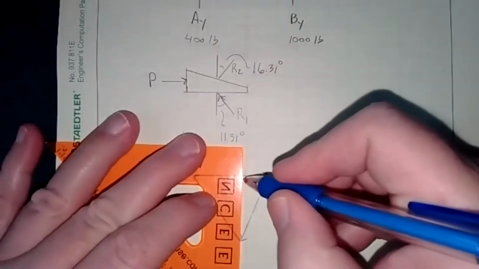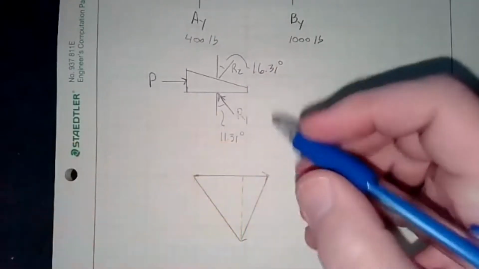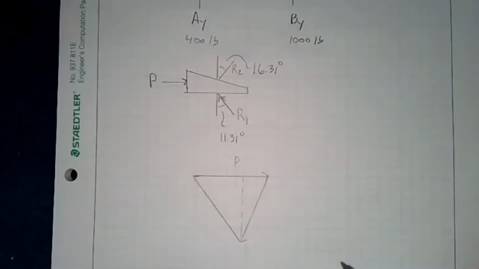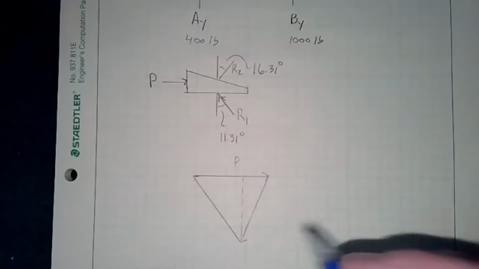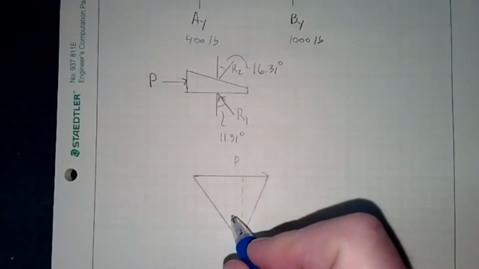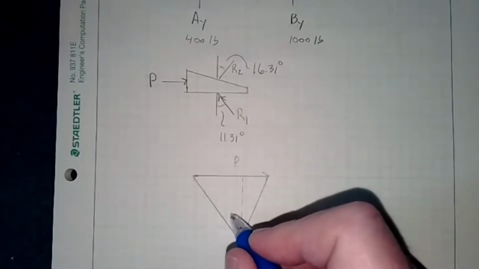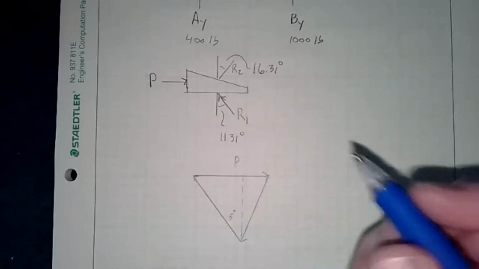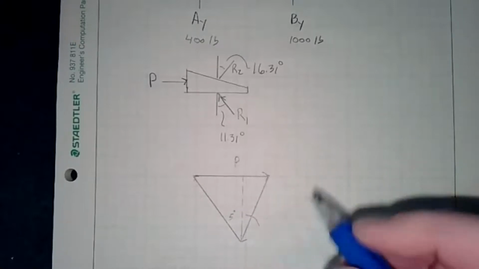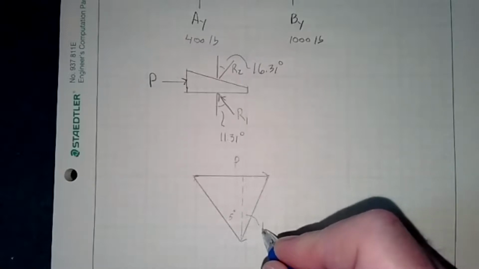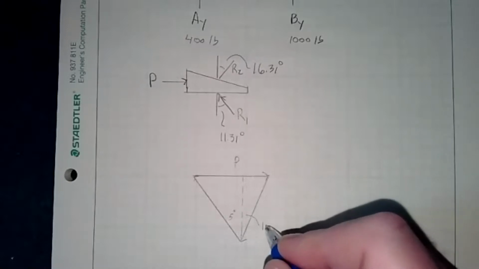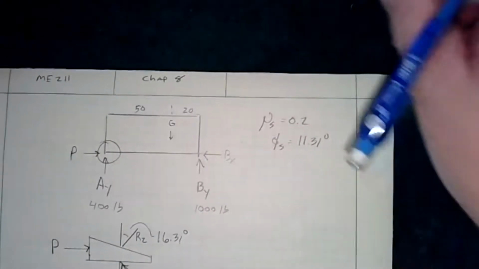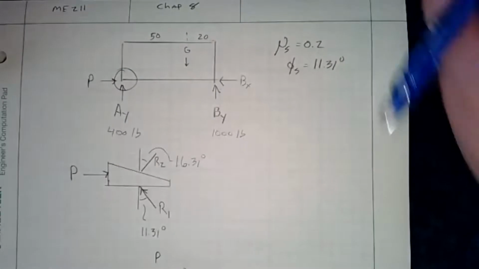Now, I also want to draw this vertical one. So we have P, and we have these two angles. Now we know this angle here is 5 degrees. And we know this angle here, though it doesn't show it from my drawing, is actually going to be 11, no, I'm sorry, 16.3.